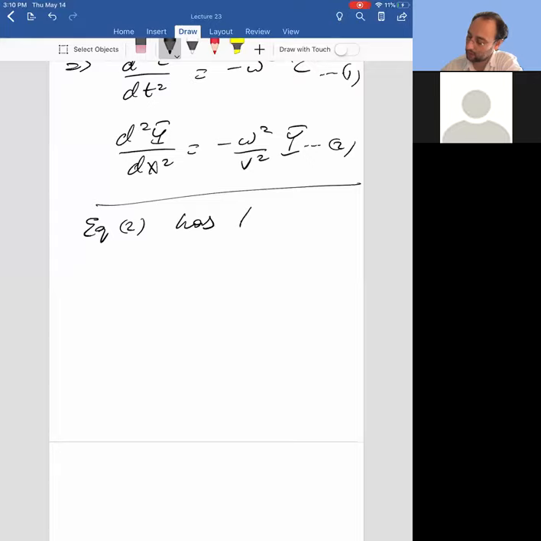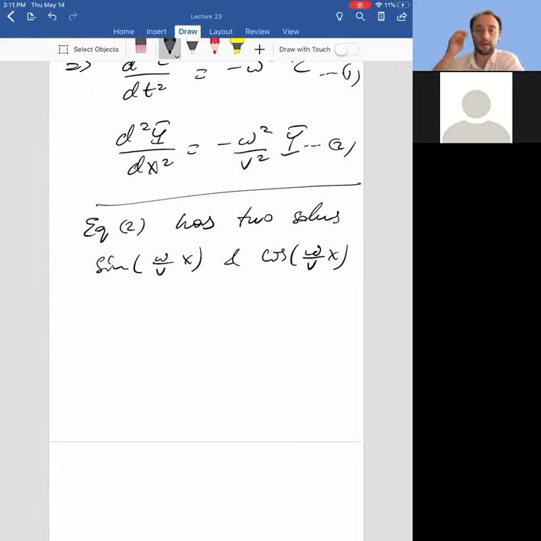Okay, so equation 2 has two solutions: sine of omega over v x and cosine of omega over v times x. And you can see for yourself, just plug it in and convince yourself that that's indeed the case.